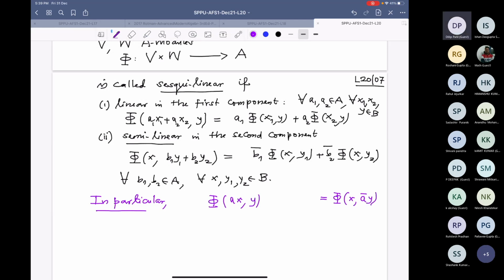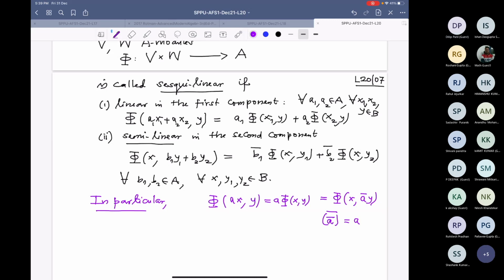I purposely wrote it with a gap here. You know why this follows? This tells you it will come out in the first variable, so it is a phi x y. And this says the a bar will come out as a bar of a bar. But bar of a bar is a again, because it's an involution.